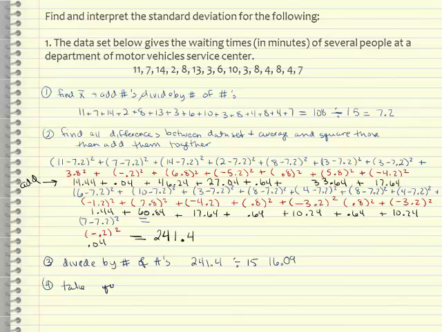And then finally, I take the square root of it. So the square root of 16.09 is 4.01. And this is my standard deviation.